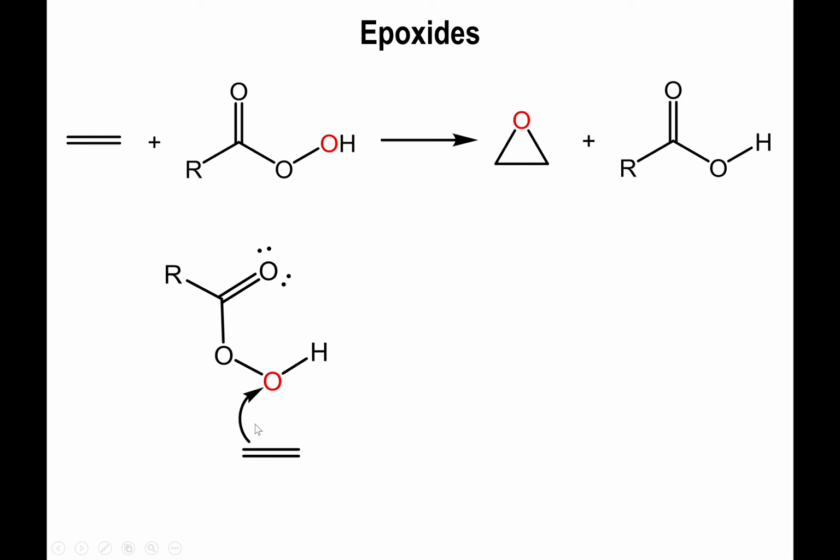The alkene attacks that oxygen. In the process, that oxygen-oxygen bond is broken. Specifically, those electrons move over here to create a new bond between oxygen and its adjacent carbon. That, of course, means that the double bonded carbonyl group that we have here has to have its electrons move out of the way onto the oxygen.